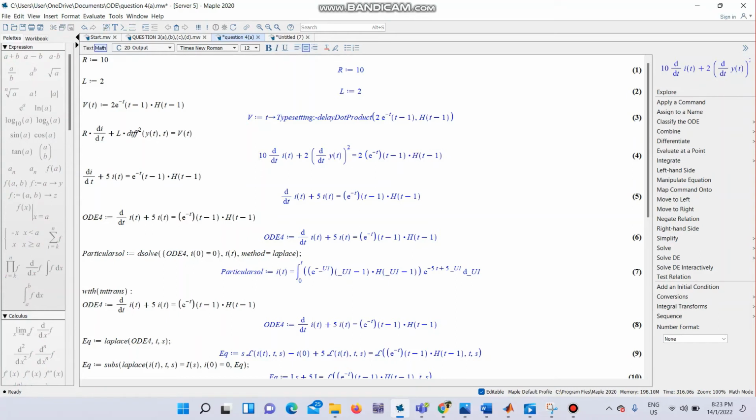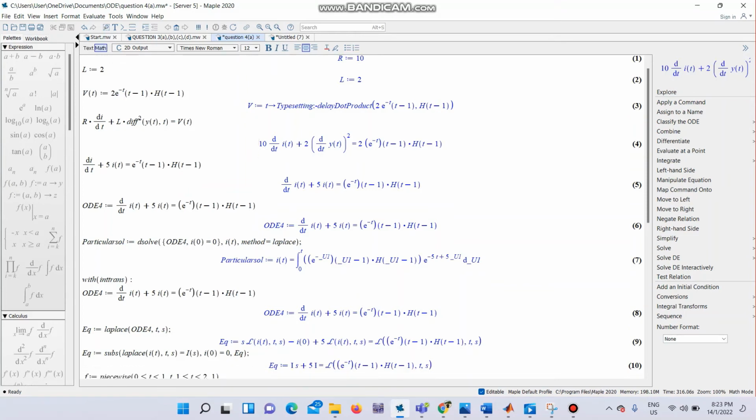The next part is di over dt plus 5 i(t) equal to e to the power of negative (t minus 1) multiplied by h(t minus 1). So this is the output that we get, which is d over dt i(t) plus 5 i(t) equal to e to the power of negative (t minus 1) multiplied by h(t minus 1).